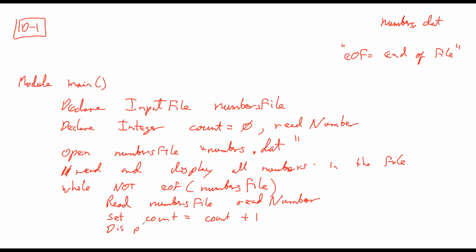So I'm going to display some message, number is... And then we're going to say count, or actually it should be for count, so we don't confuse this, I'm going to say number for count is read number. Like that. And then that ends the while.